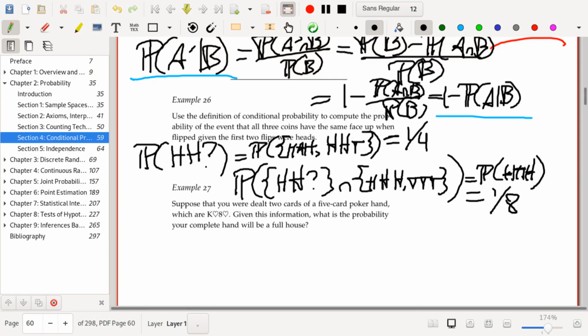There's only one outcome in this event. So that means that the probability of all the flips being the same, given that the first 2 flips were heads specifically, is going to equal 1/4 over 1/8, which is equal to 1/2.